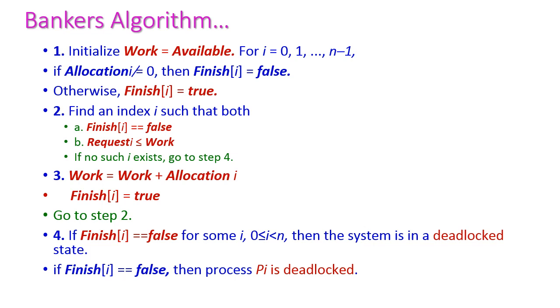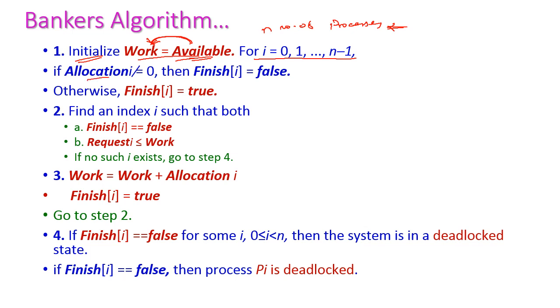First is the initialization step. Work equals available, that is, the available resources are assigned to work, for i equal to 0 to n minus 1, where we have n processes. Initially the processes are allocated some resources, and the remaining resources that are not allocated to the processes are called available.